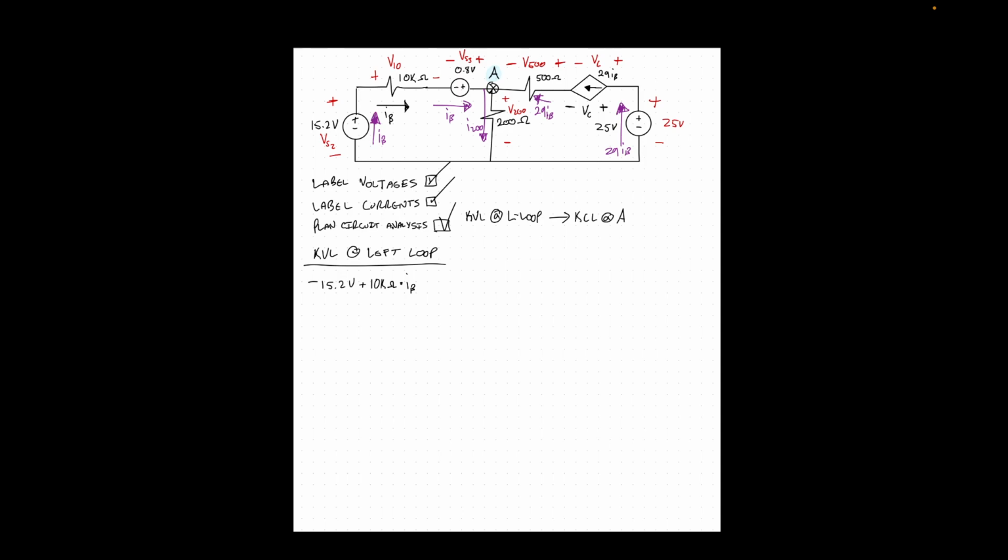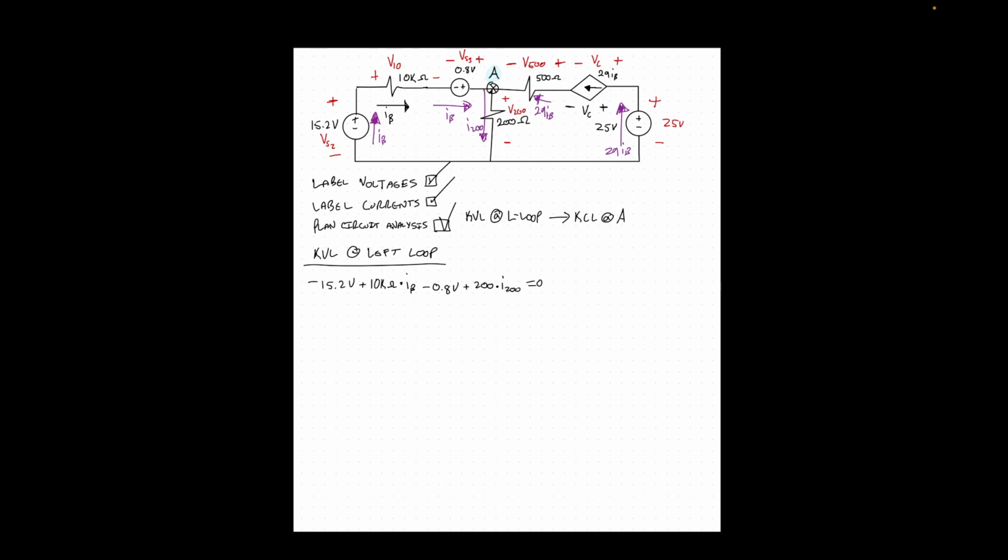I beta, minus my 0.8 volts. And I'm hitting this terminal right here. I'm hitting what I labeled as positive. So plus 200 times I200. And that's all going to be equal to 0.